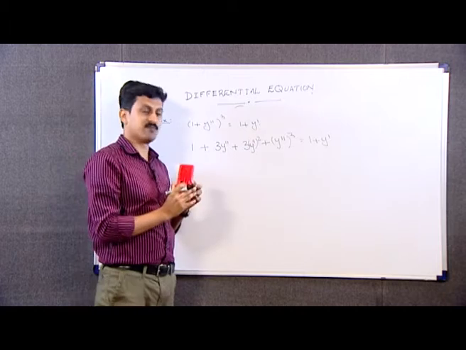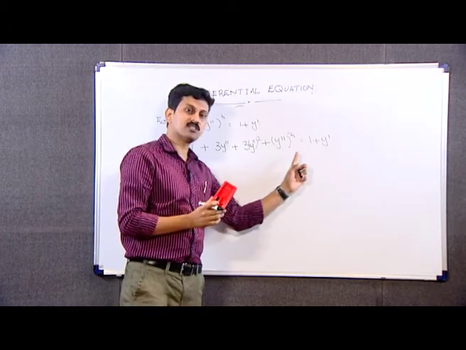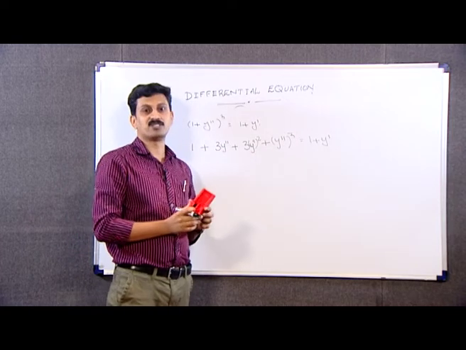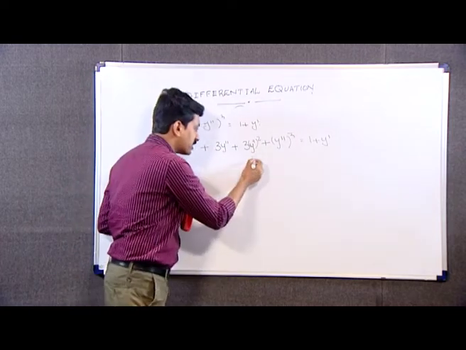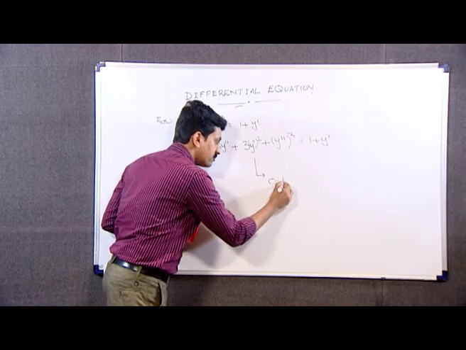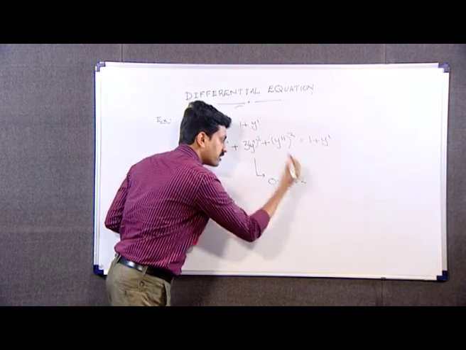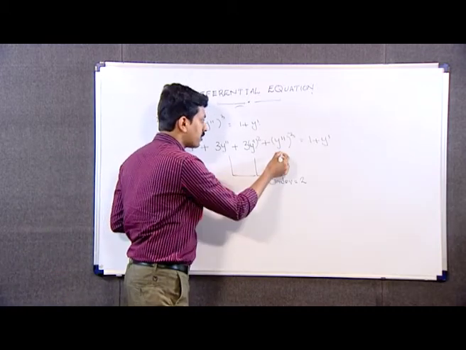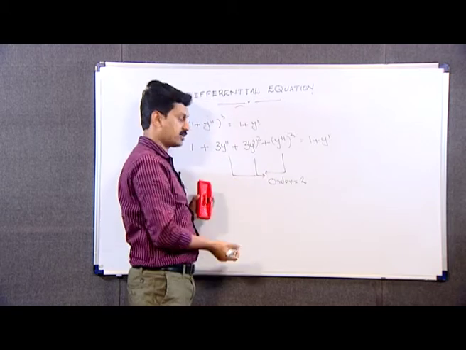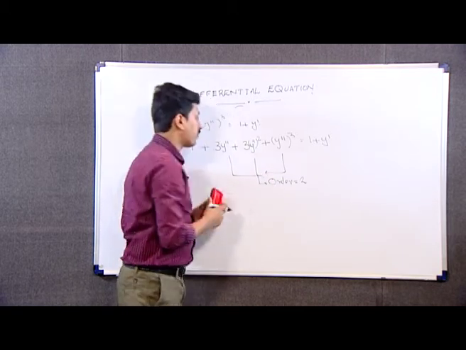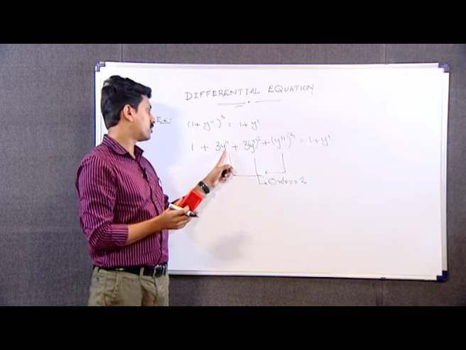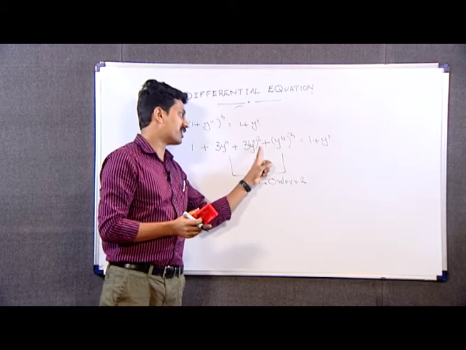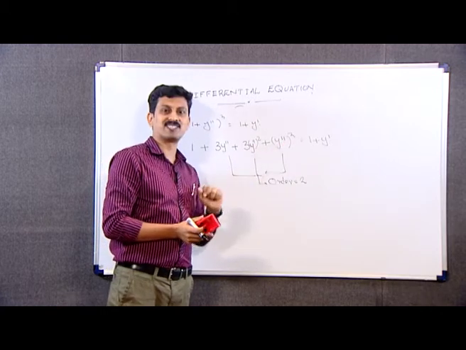Like in the last example, by seeing this differential equation we can understand y'' is the highest order derivative. So we can say that the order of this differential equation is equal to 2. Similarly, there are three y'' terms that exist, and you can see here the power of y'' is equal to 1, the power of y'' is equal to 2, the power of y'' is equal to 3.